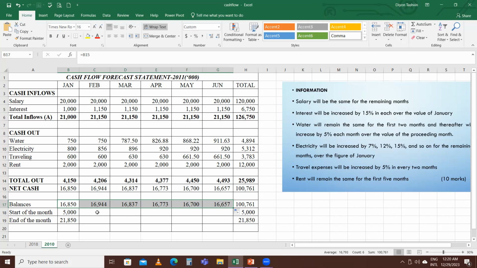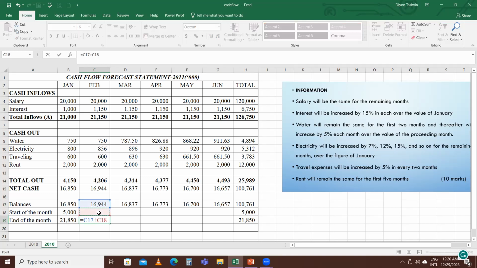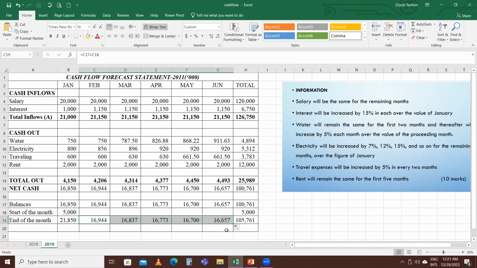Now you know the end balance is the net cash flow plus the opening balance. So you can drag it up to the end of June.